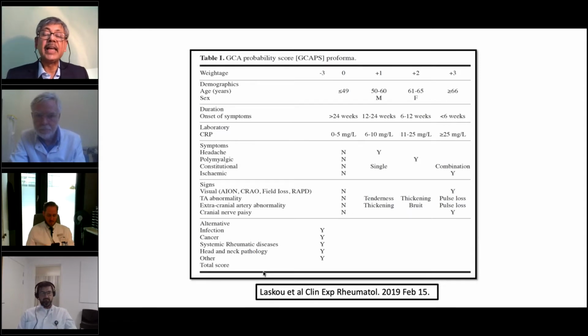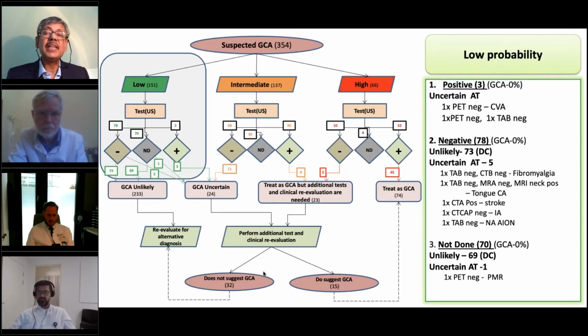So with this probability score, we can actually build up 3 categories of disease: patients who have low probability for GCA, patients who have intermediate probability for GCA, and patients who have high probability for GCA. So low is a score of less than 9. An intermediate score is between 9 and 12, and anything above 12 is high.